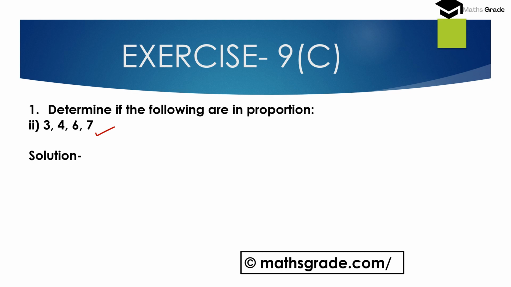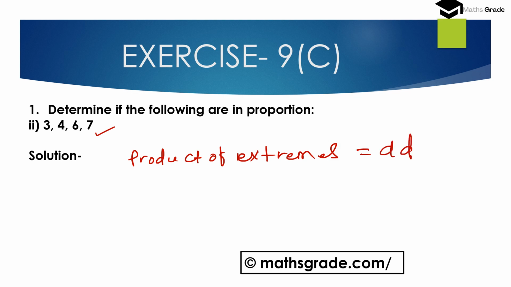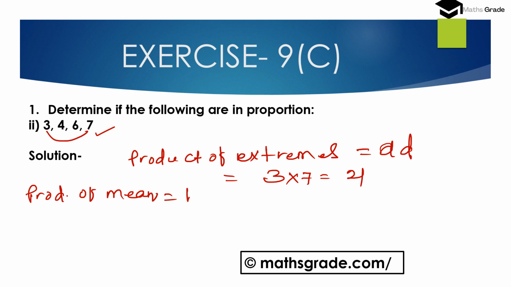So product of extreme is AD, that is 3 multiplied by 7 is 21, and product of mean is BC, that is 4 multiplied with 6, 24.